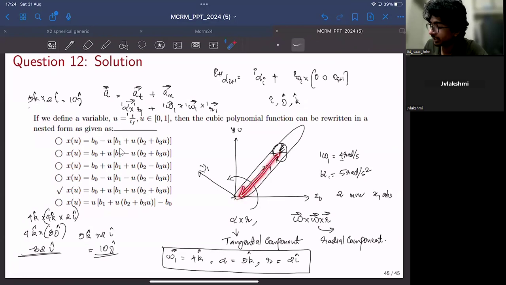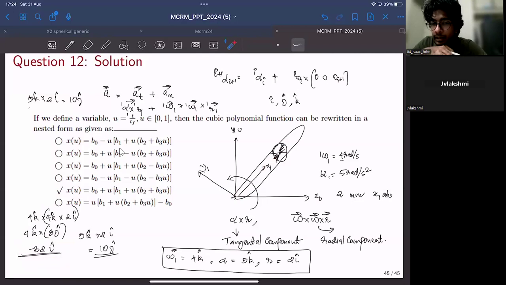And since it is towards the center, it is along the negative x1 axis. So that is why we have this minus 32. Or if you are not sure about the fact that it is acting towards the center, you have to do this vectorially. And finally, you will get this answer as minus 32i. Exactly what you have said. So thank you for that.